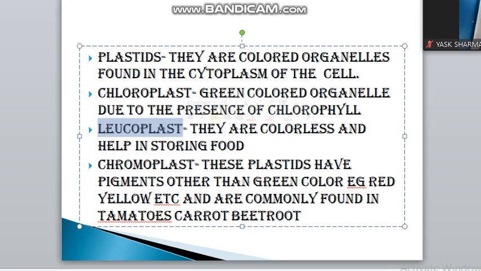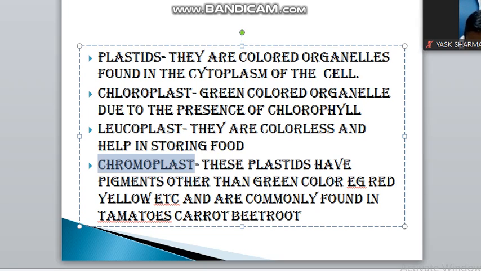Now other than green, whatever colored pigment is there will be termed chromo. The word chromo stands for color. Chromoplast means the colored one, except green. For green we have chloroplast.